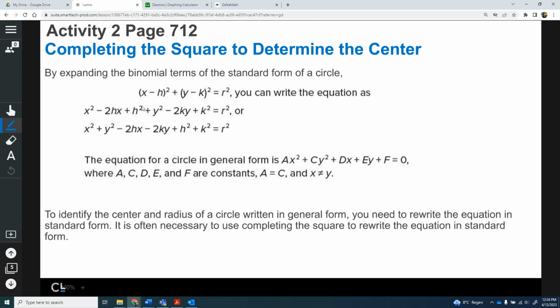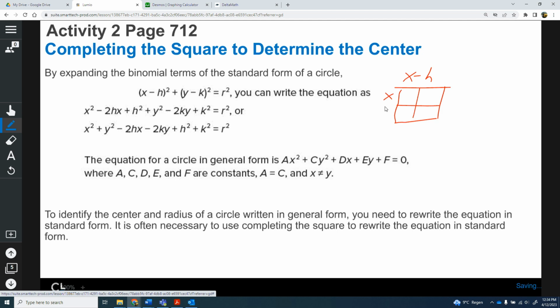So if I have my equation of my circle, I can expand it. If I have x minus h, what I like to do is this box method. So I have x squared minus xh, just multiplying down, multiplying across, minus xh, and then I have h squared.